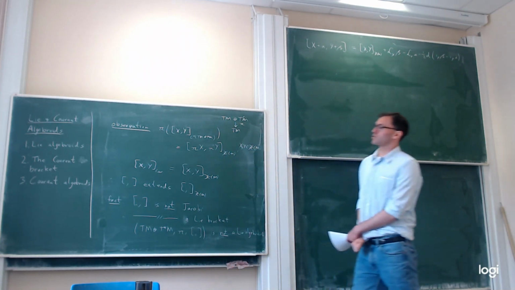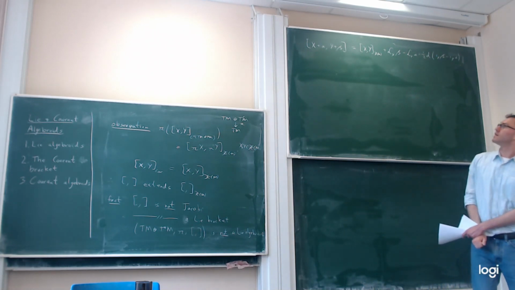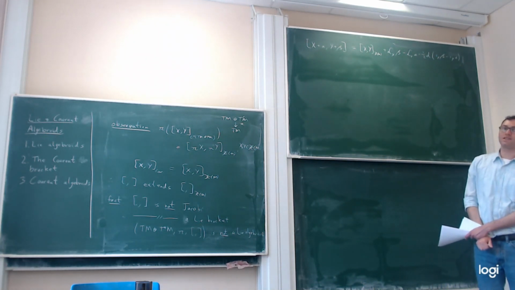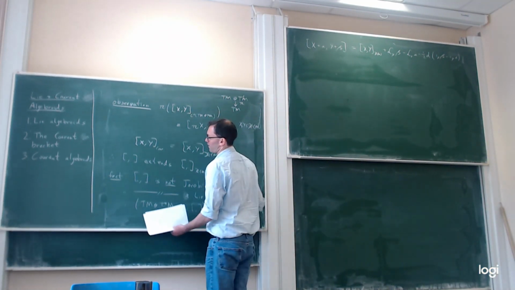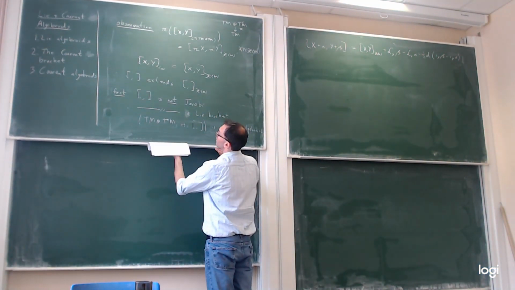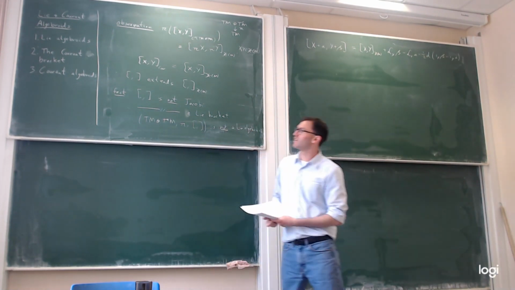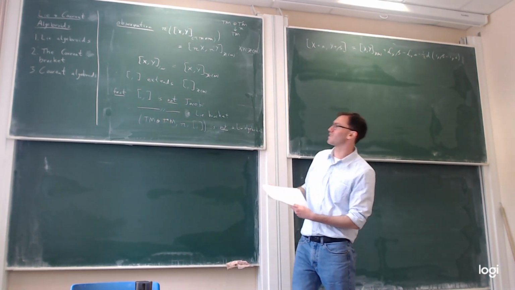Okay, so this is the first important fact. The extended tangent bundle with a Courant bracket is not a Lie algebroid. But maybe unsurprisingly, we're going to see that it's a Courant algebroid.